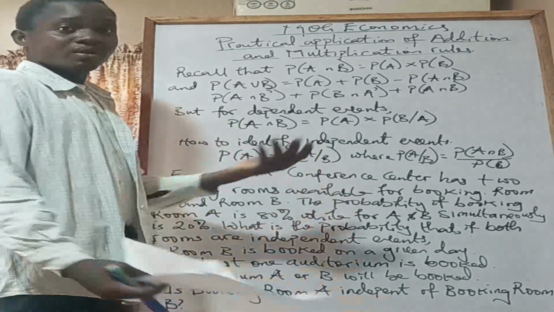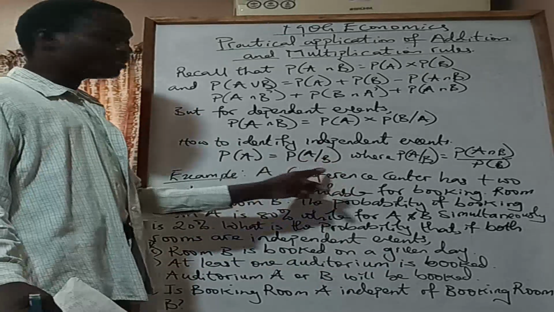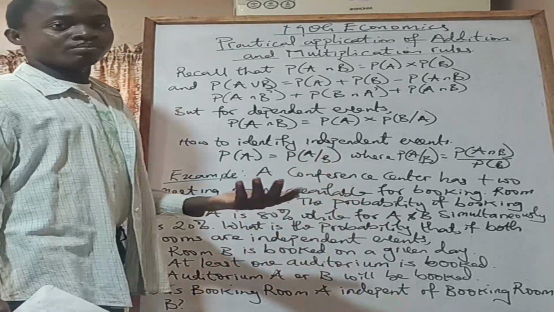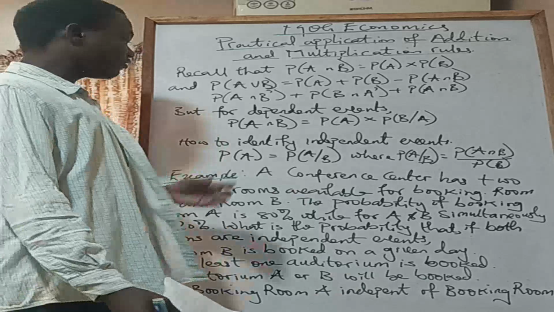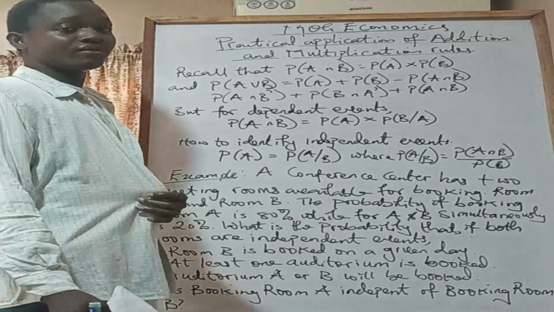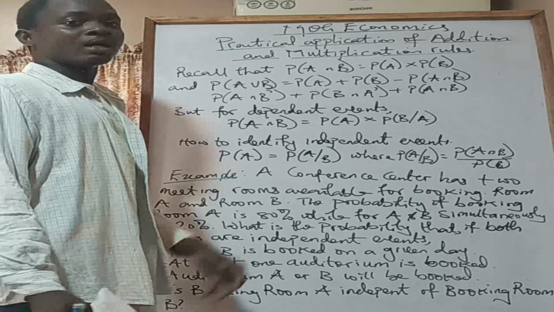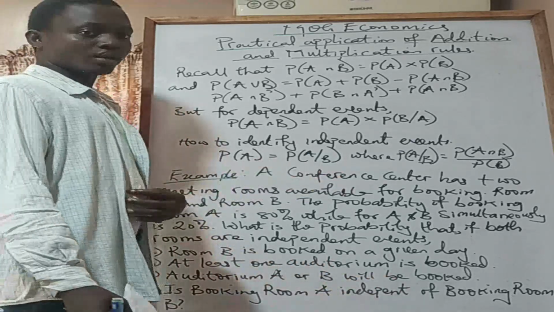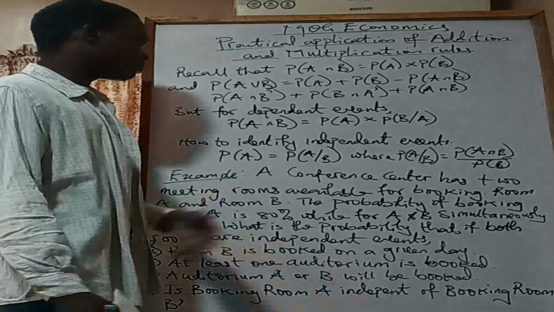If the two of them are equal, that means the impact of B is not felt. But if the two of them are not equal to each other, then definitely the events are dependent on each other. Do you understand?